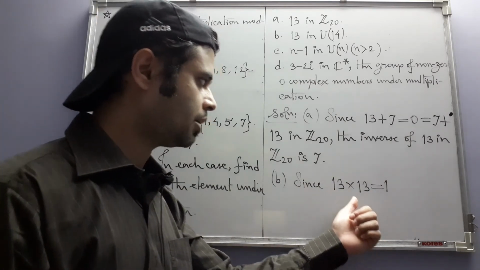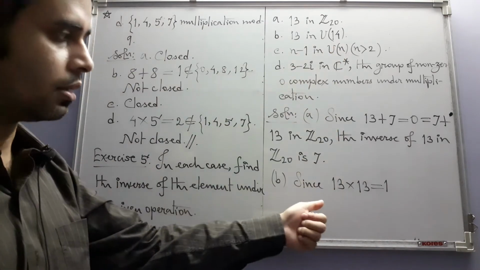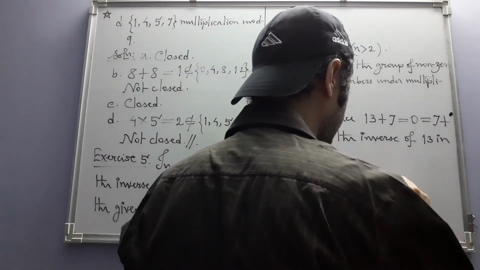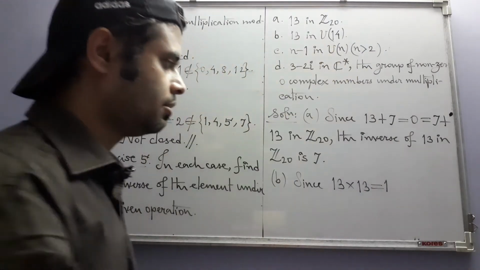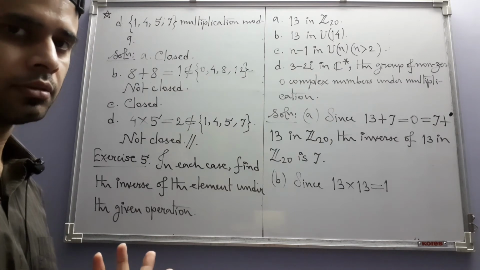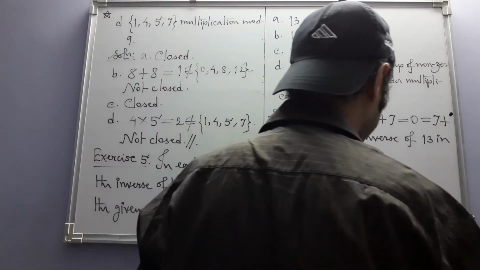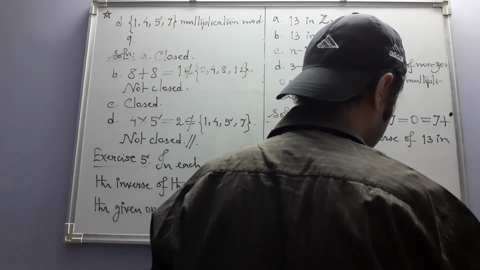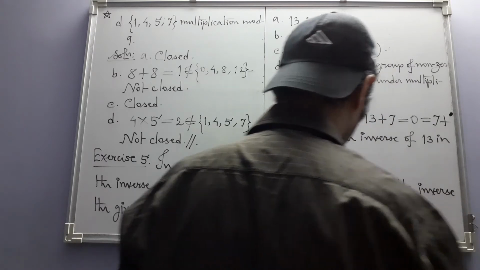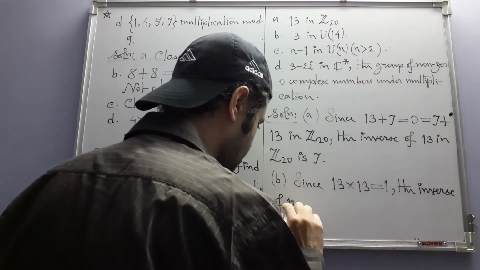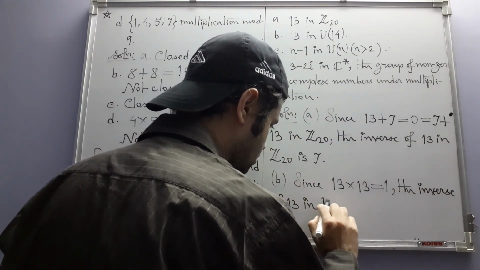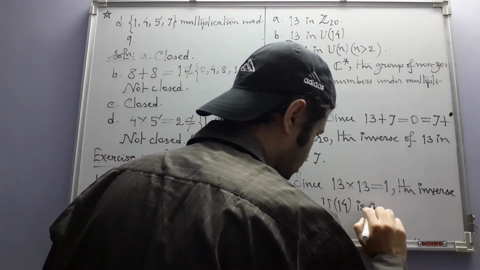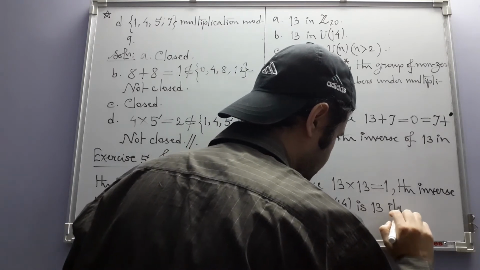If you divide by 14, the remainder is 1, and we know that in U14, 1 is the identity element. So the inverse of 13 in U14 is 13 itself.